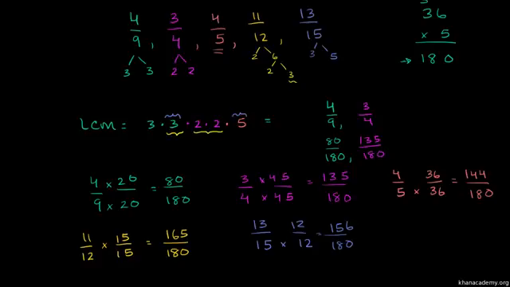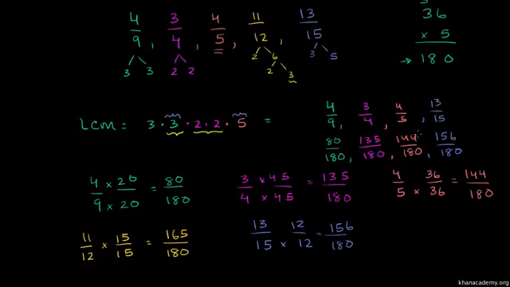And then the next one is going to be, let's see, we have the 144 over 180. So this is going to be the 144 over 180, which is the same thing as 4/5. And then finally, or we have two more, the next is this 156 over 180. So then we have our 156 over 180, which is the same thing as 13 fifteenths.